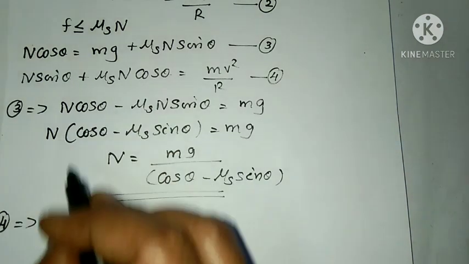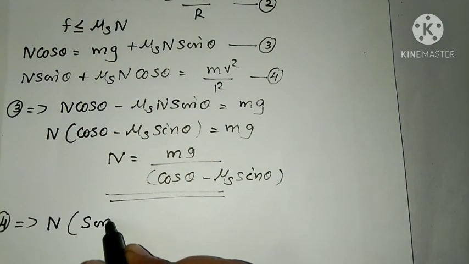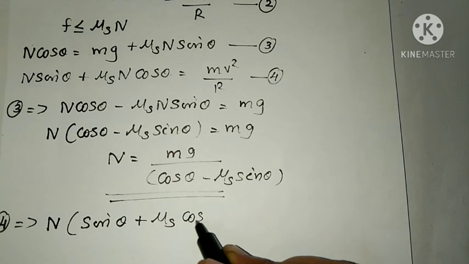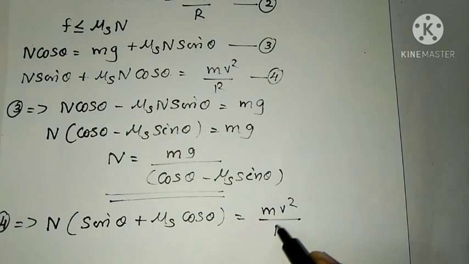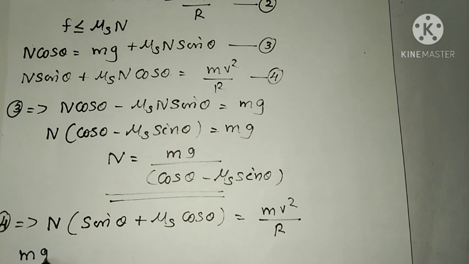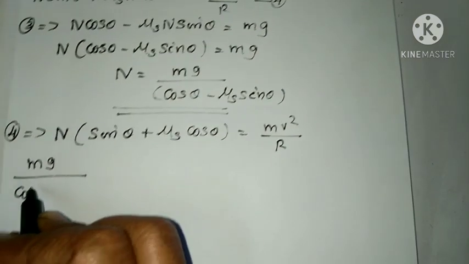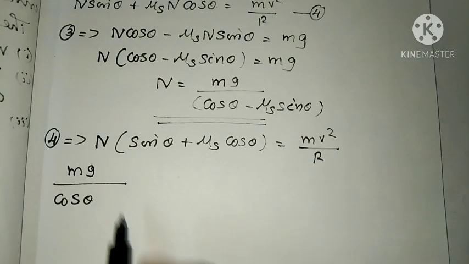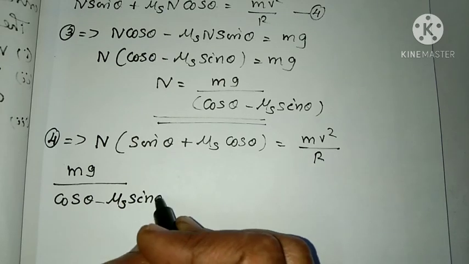Once again, we can take the N outside: N(sin theta plus mu s cos theta) equal to mv square by r. Then we can substitute the value of N. What is the N? mg divided by cos theta minus mu s sin theta.